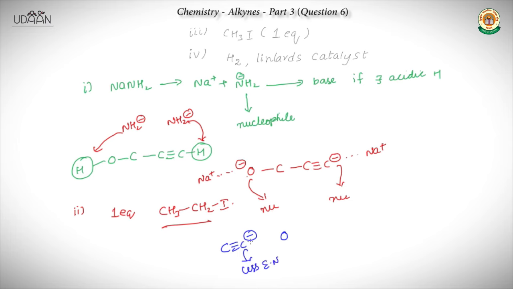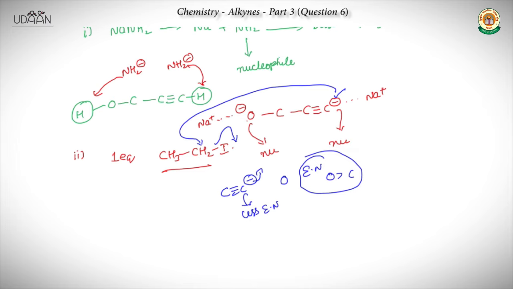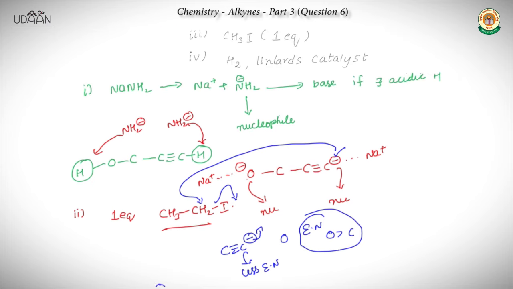That is, it has more tendency to donate electrons when compared to oxygen, because oxygen is more electronegative than carbon. So it will attack here and this leaving group departs away. And the one we are going to get is O minus C triple bond C C2H5.